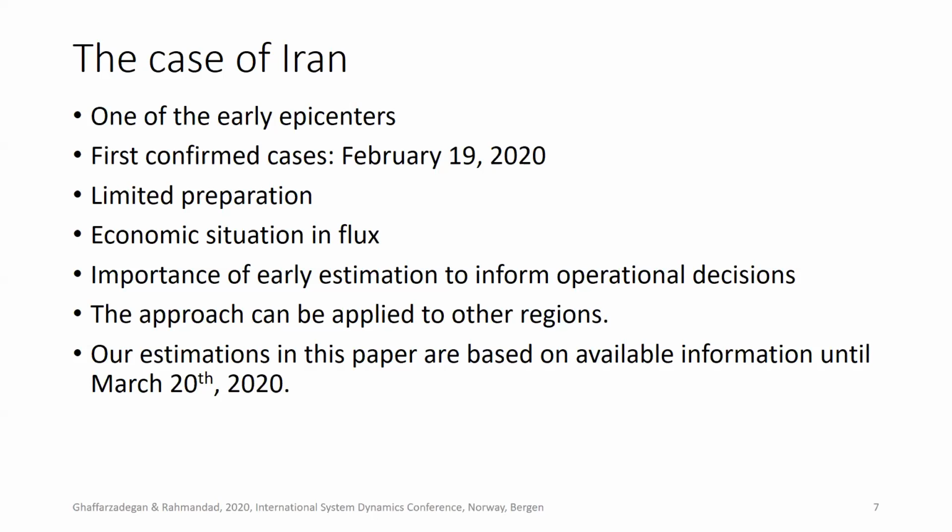The estimations that I'm offering here are based on the paper that came out on March 20th, one month after the first confirmed cases. So think about a one-month duration for using all kinds of uncertain data that are available to have an estimate.